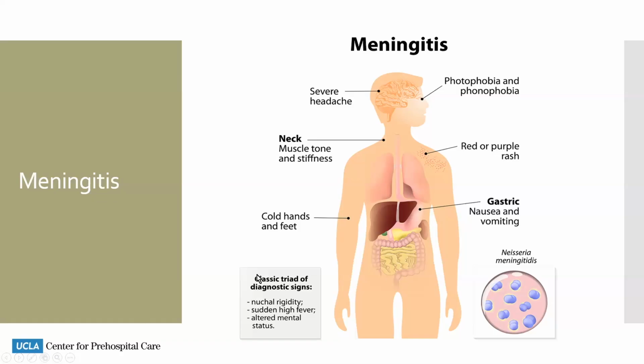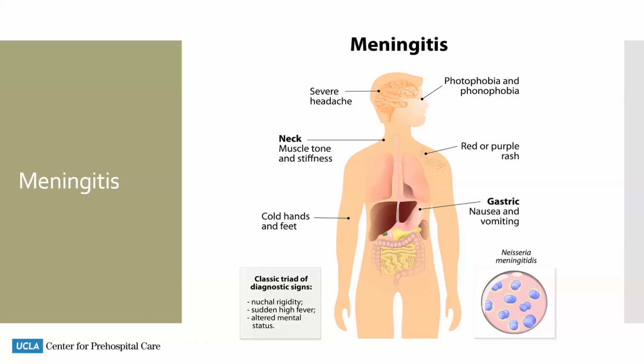So, usually they have a severe headache and the neck is stiff. That's something that we look for. And the classic triad is nuchal rigidity, meaning the neck is stiff, sudden high fever, and altered mental status.